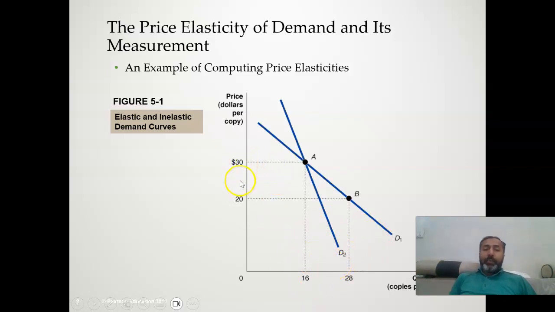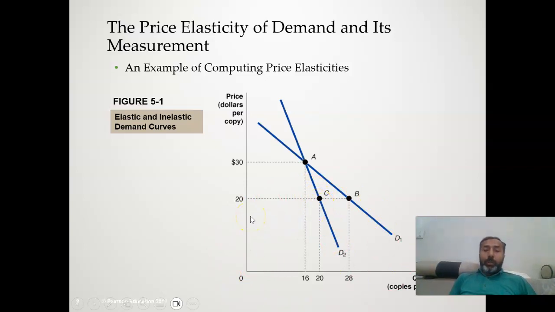When price decreases from 30 to 20, the quantity demanded on D1 increases from 16 to 28, while quantity demanded increases from 16 to 20 on the second demand curve, that is D2.